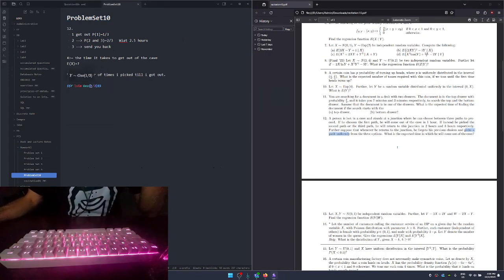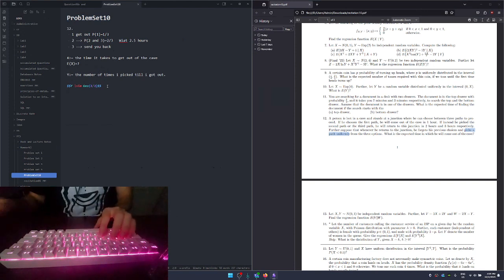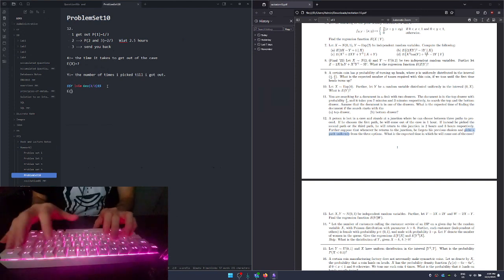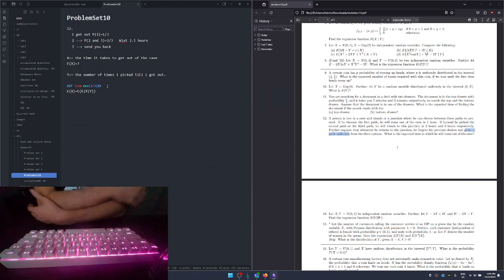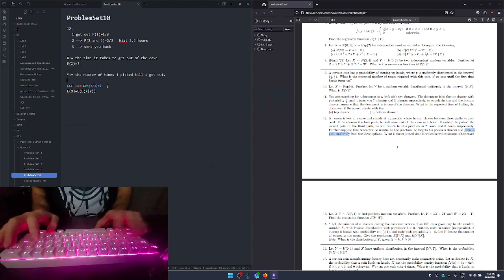So you have sim, and then y is here because the expected value of x is equal to the expected value of x given y.